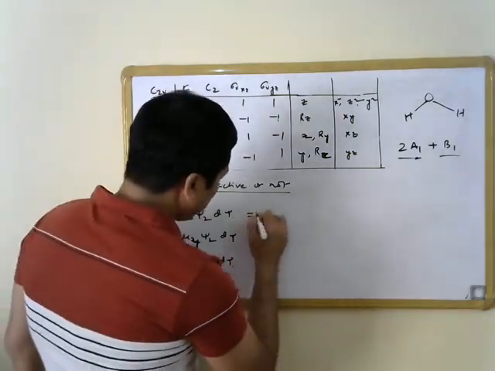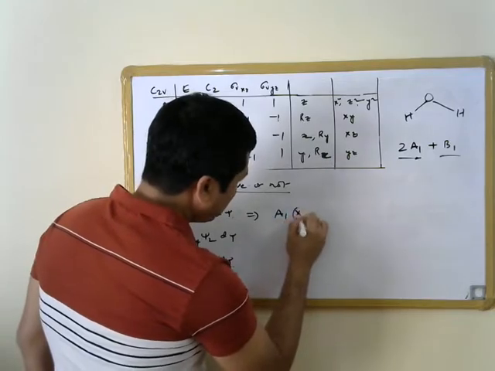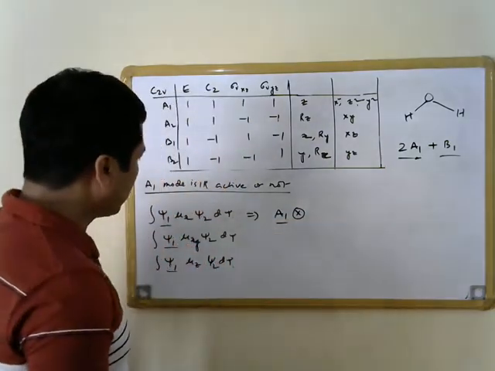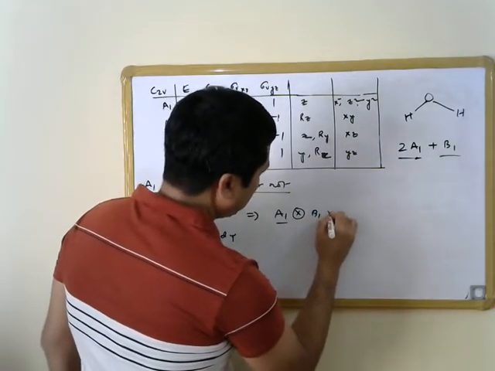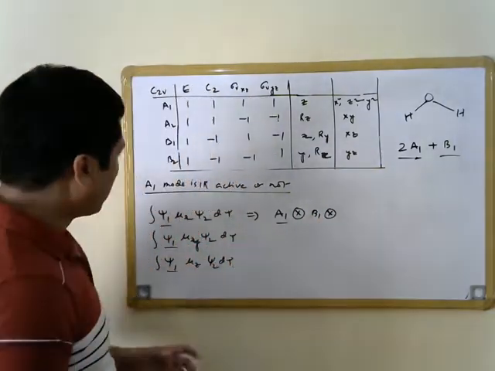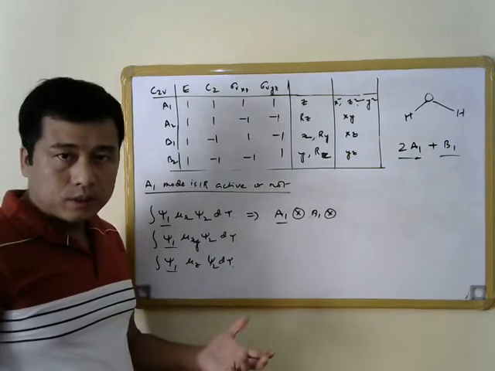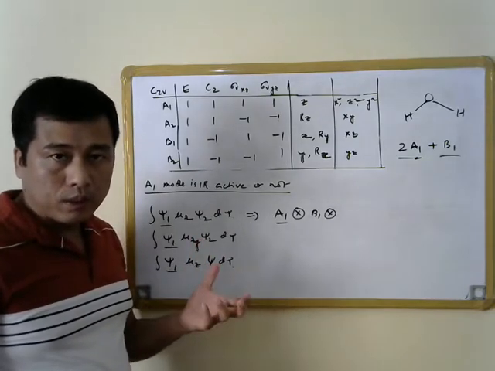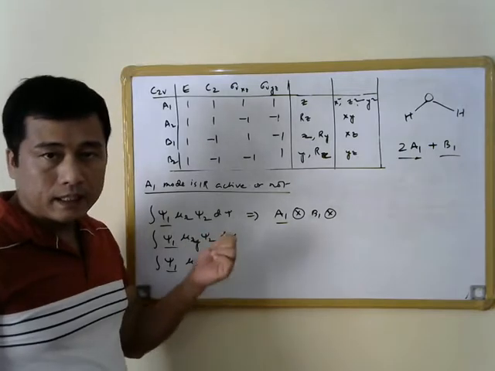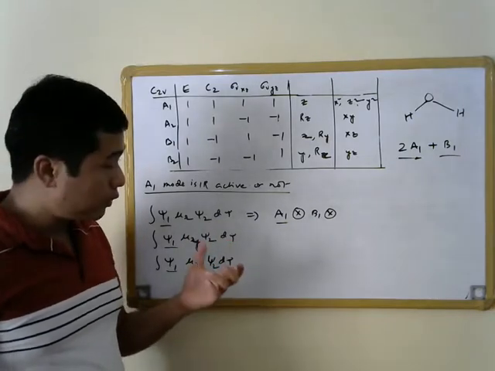So we have to do A1, that is ground state, mu x is B1, and psi 2 is the state for which we wish to find out whether that particular vibrational mode is IR active or not.